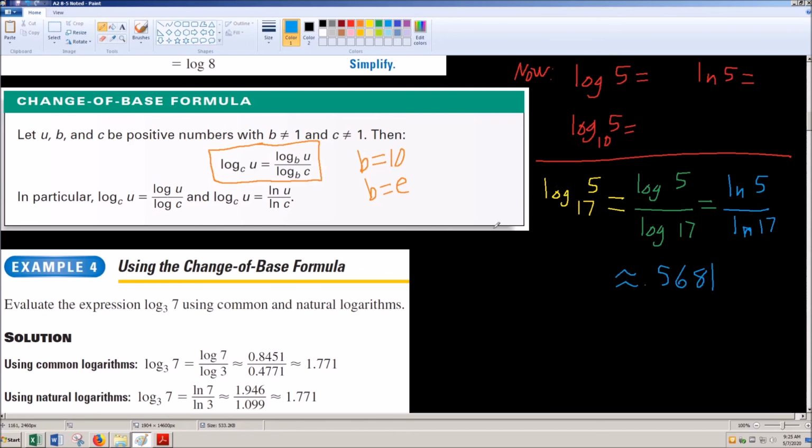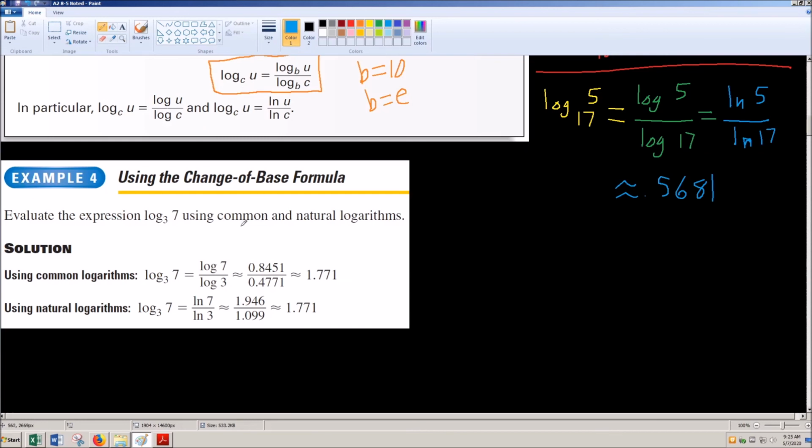Here's a couple examples here. Using our change of base formula, here we have log base 3 of 7. So this 3 is going to go to the bottom, 7 is going to go to the top, and I can use either log base 10, which is my common log, or natural log, which is using log base e. These numbers obviously are going to be different than these numbers, right? Log 7 versus natural log of 7 are two very different numbers.